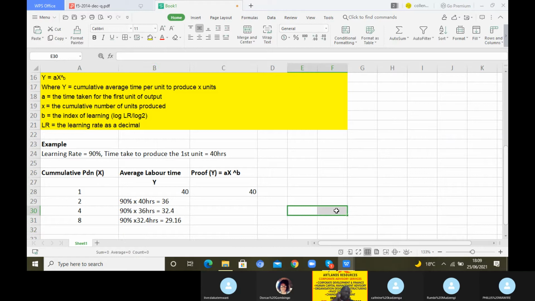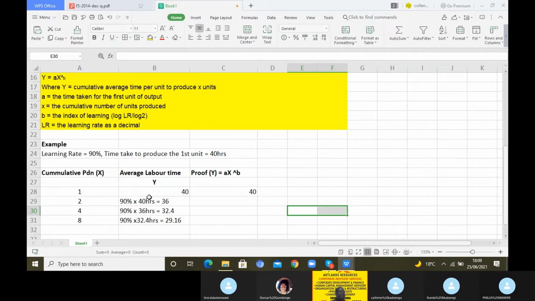So this is what is normal. This is how you calculate. When we say there is learning, please notice, Dorcas, if I'm saying you are learning at 90%, I am saying the average time for you to produce the next doubled output will be 90% of what you took previously. That's what we call learning.